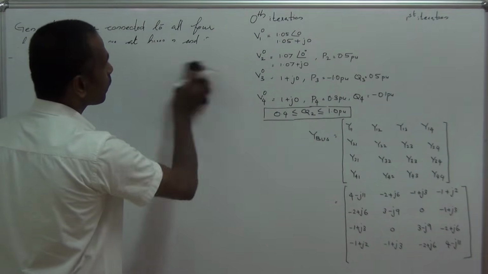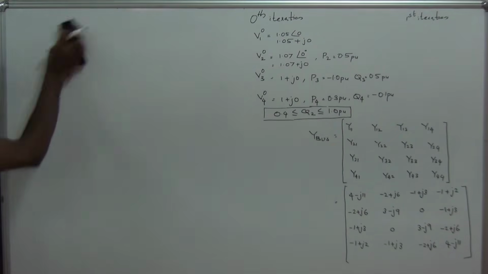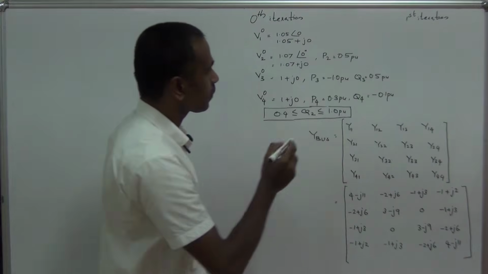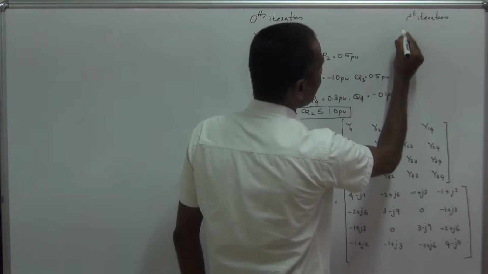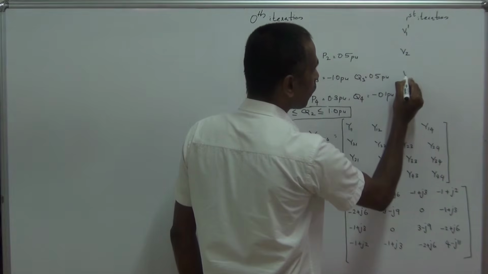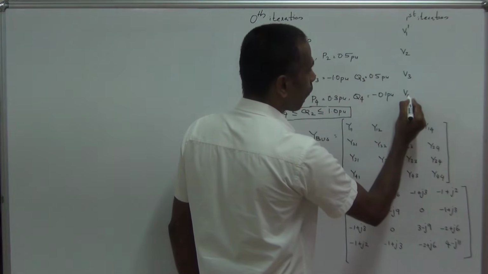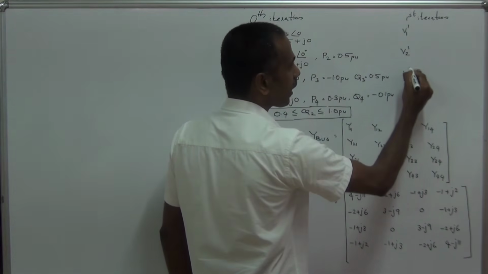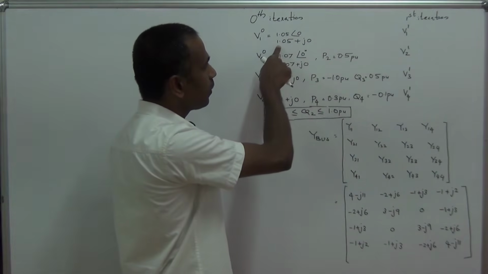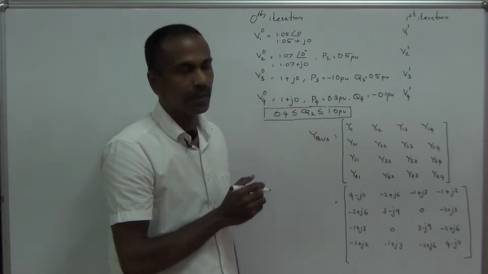Now let us find out the 4 bus voltages in the first iteration. These are the bus voltages we are going to find out at the end of first iteration. What is V11? The first bus is slack bus.